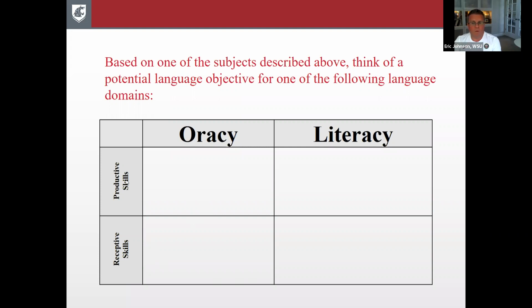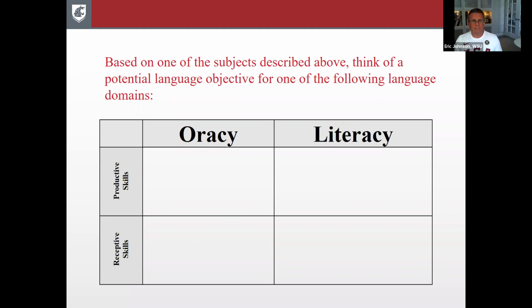Okay. Once you can focus in on a specific skill within your activity, then you can create a language objective that's clear so that the students know what you expect them to do with their language, and that you can evaluate. There's got to be some way that you know whether or not they were able to accomplish that.